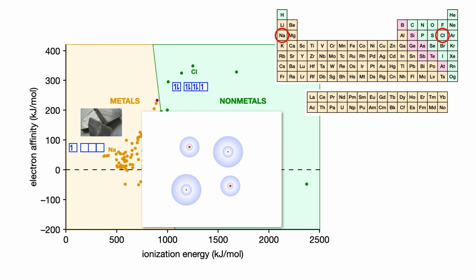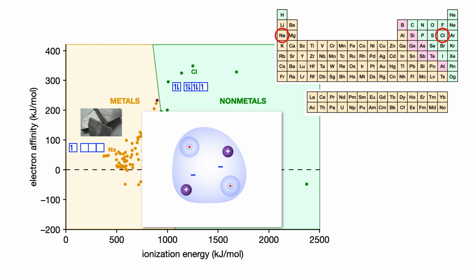And so the upshot is, when a bunch of sodium atoms encounter a bunch of chlorine atoms, the valence electron on each sodium atom easily comes loose and starts floating around. And so you have a situation where you have the sodium cores with their net positive charge.